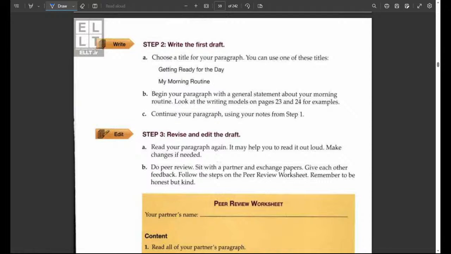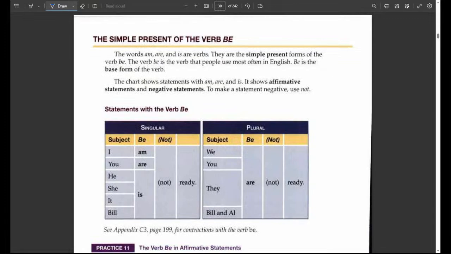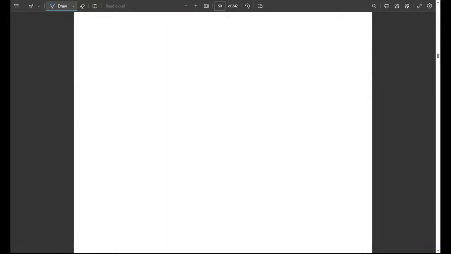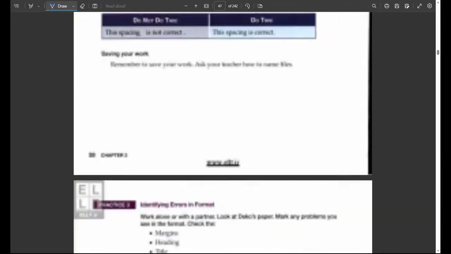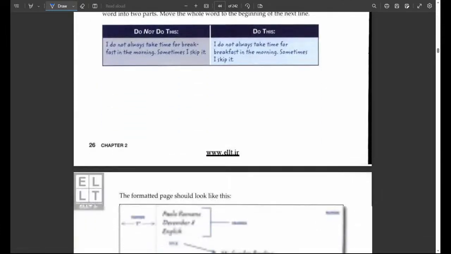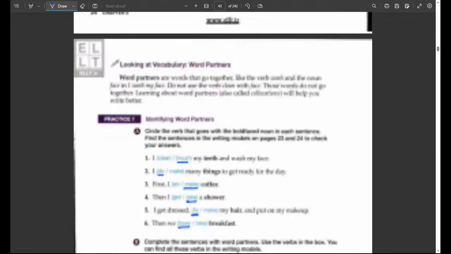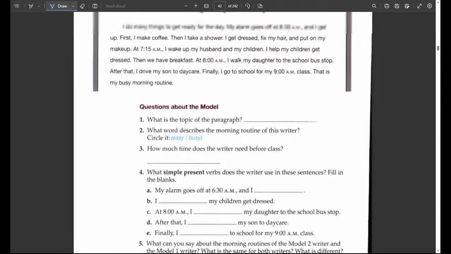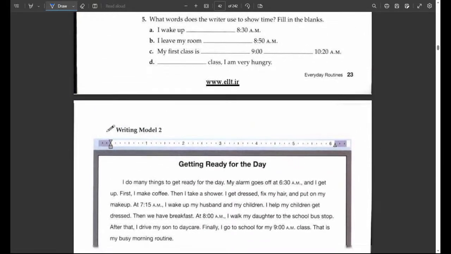So you look at the models there on page 23 and 24. So you see, these are the models.